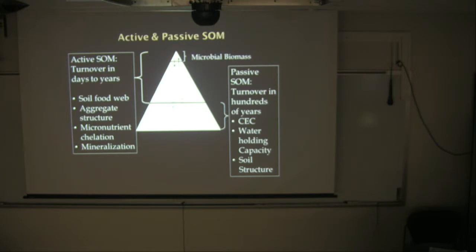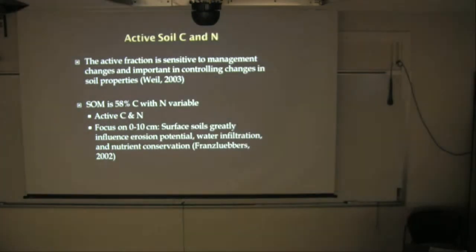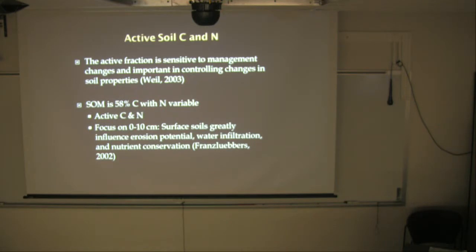The active pool is commonly associated with providing energy for the soil food web, its role in soil aggregate structure, micronutrient chelation, and nutrient mineralization, whereas the passive pool is more commonly associated with cation exchange capacity, water holding capacity, and soil structure. It's this active fraction which is commonly targeted when evaluating soil health and management impacts on soil health.